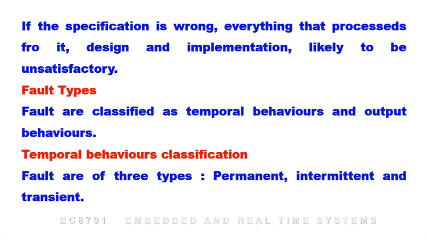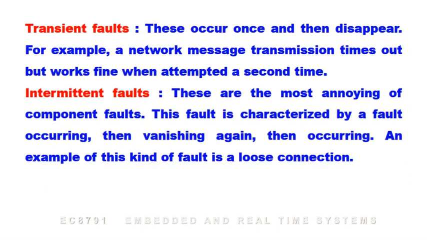Fault types. Faults are classified as temporal behavior and output behavior. Temporal behavior classification: faults are three types: permanent, intermittent and transient. Transient fault. These occur once and then disappear.